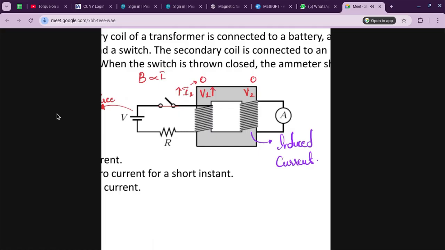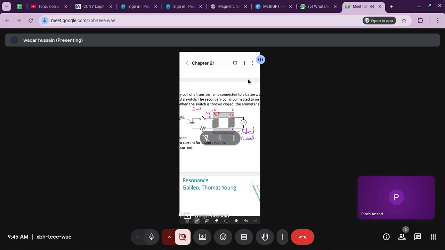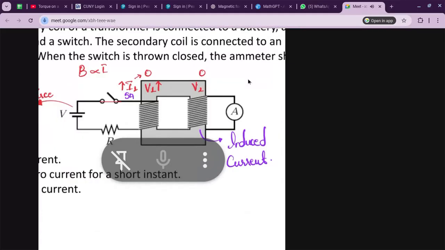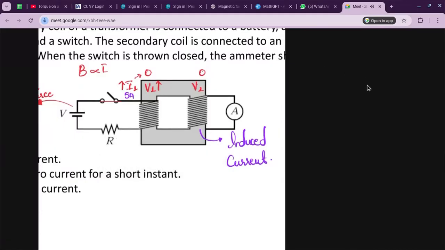Alright? Okay. But suppose I close the switch, and the value of current goes up from 0 to, for suppose, 5 ampere. But this is a DC source. This DC source provides steady current, a constant current.